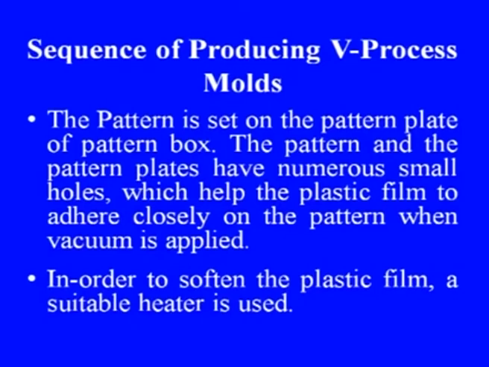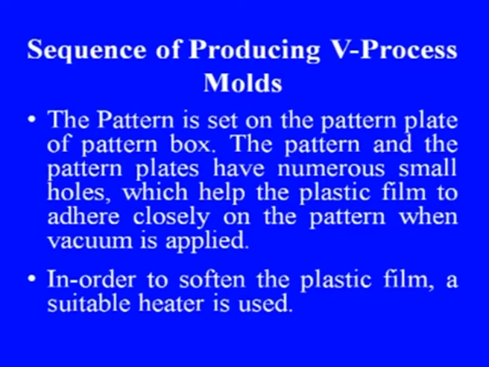Now, let us see the sequence of producing V process molds. First, the pattern is set on the pattern plate of the pattern box. The pattern and the pattern plates have numerous small holes which help the plastic film to adhere closely to the pattern when vacuum is applied.